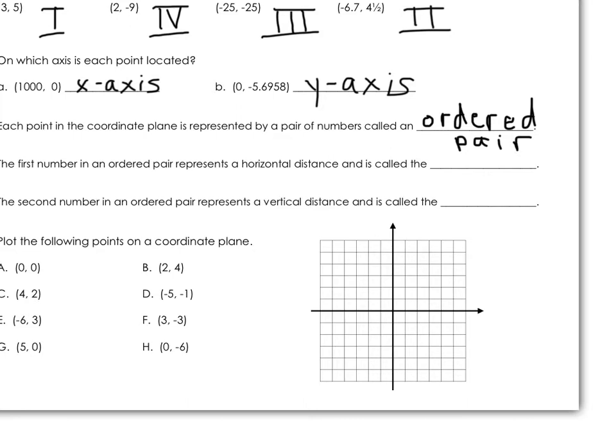The first number in an ordered pair represents a horizontal distance and is called the x-coordinate. The second number in an ordered pair represents a vertical distance and it is called the y-coordinate.